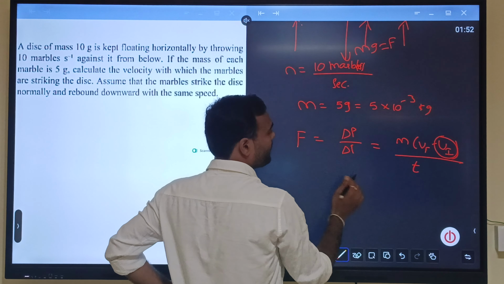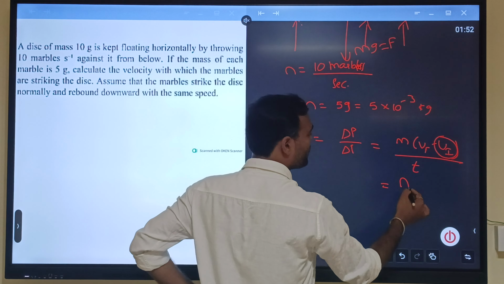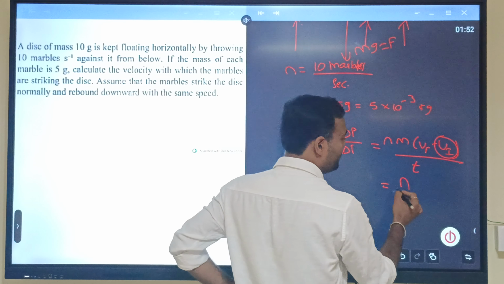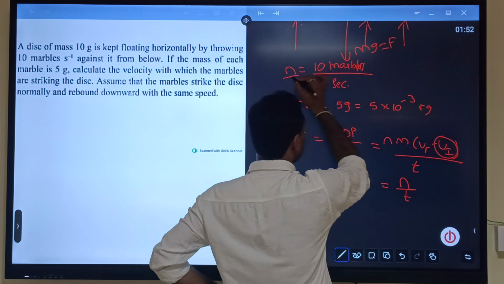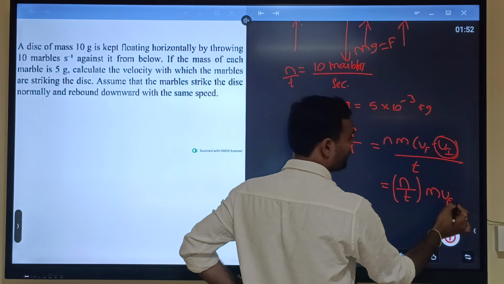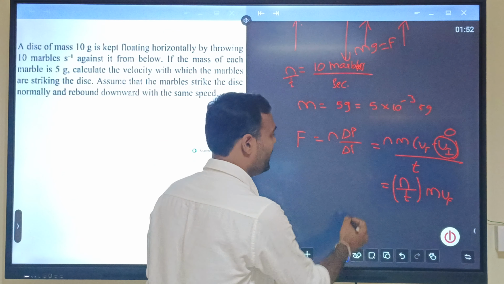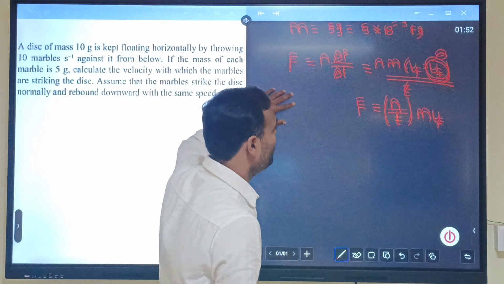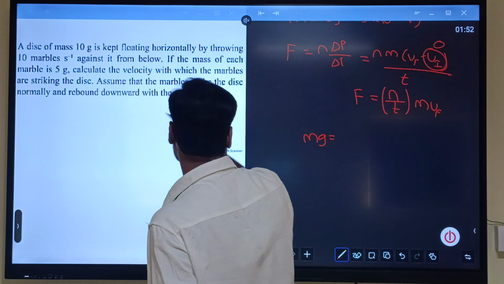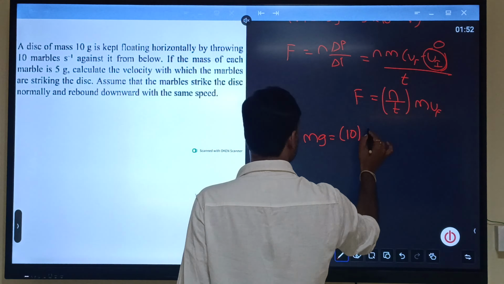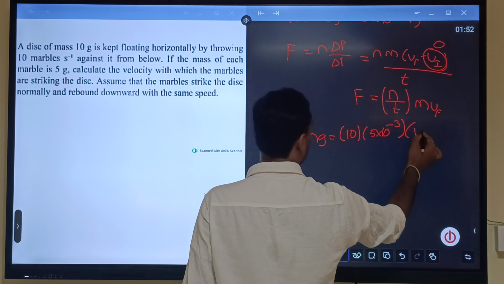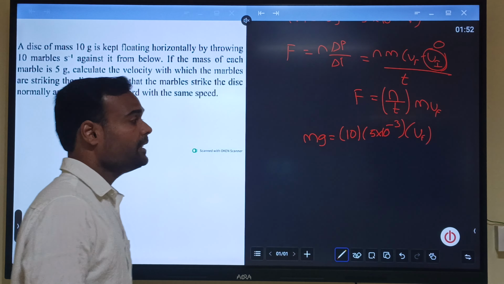Okay, right? Now, n number of balls are present. Then n by t, this is n by t into mass into velocity, and this one is 0, and this is equals to F, and F value is mg. The number of marbles striking per second is equals to 10, and mass of each marble is equals to 5 into 10 to the power of minus 3, and velocity is what I am going to find, right?